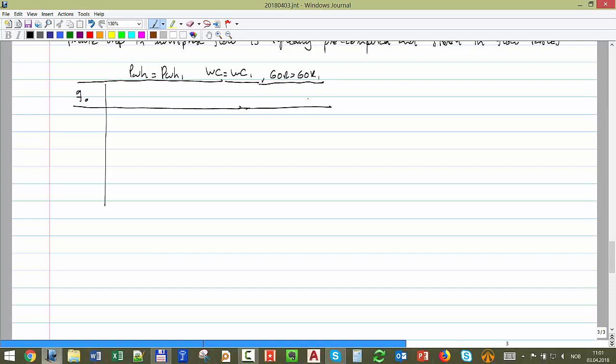And I make a table that will give me PWF, for QO1, QO2, QO3, QO4, QO5, and all the PWF1, PWF2, up to 5.